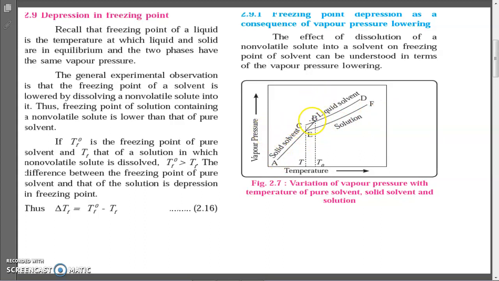Point B is the intersection of solid solvent and liquid solvent, and point E is the point of intersection of solid solvent and solution.